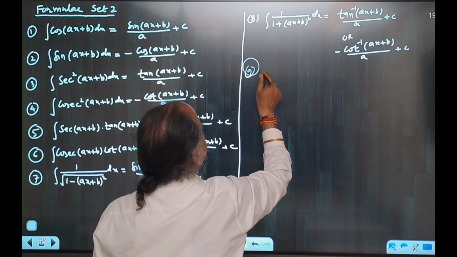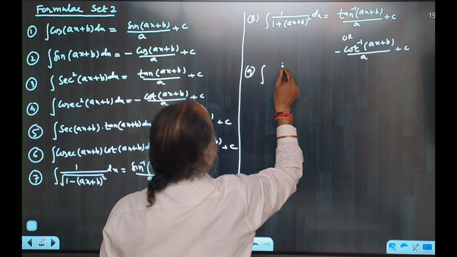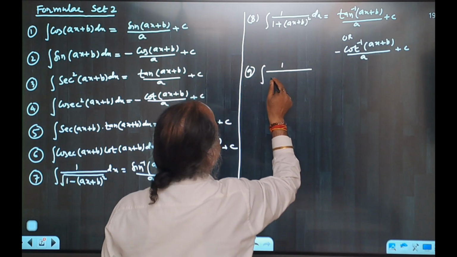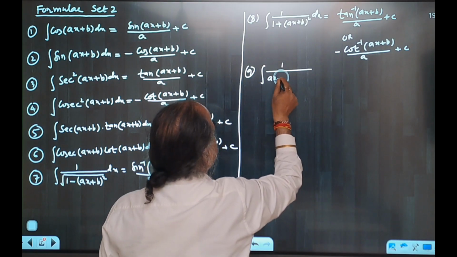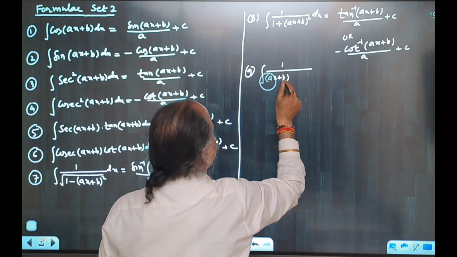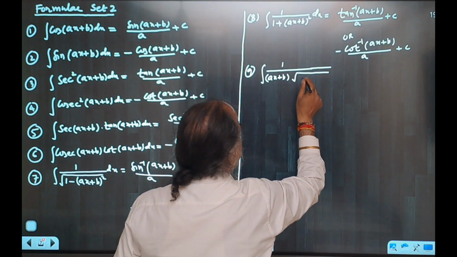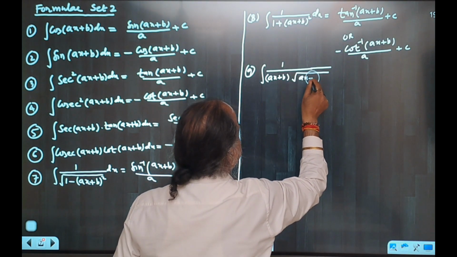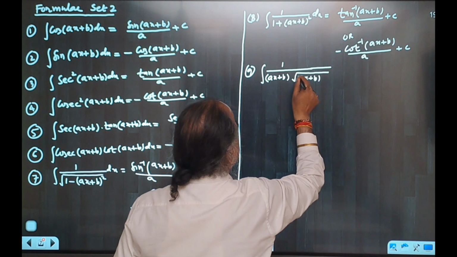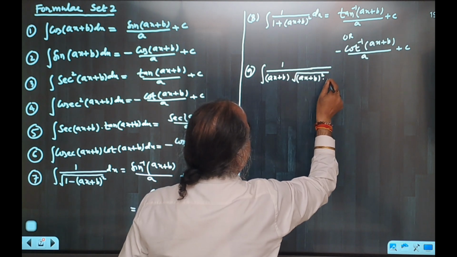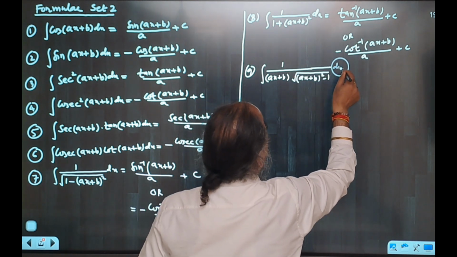Ninth is integral 1 upon (ax plus b) into root of (ax plus b) square minus 1.